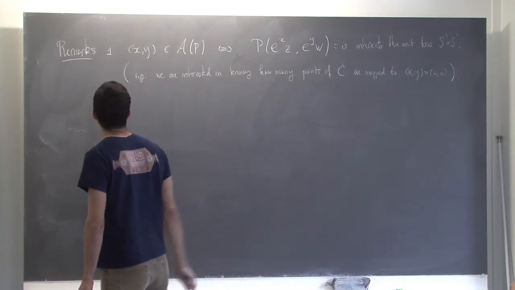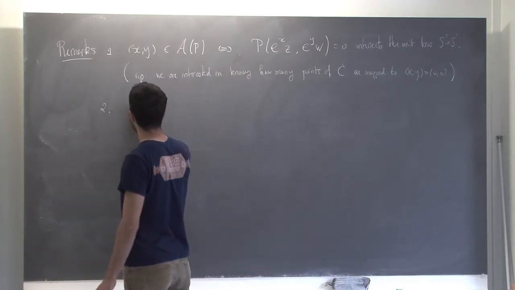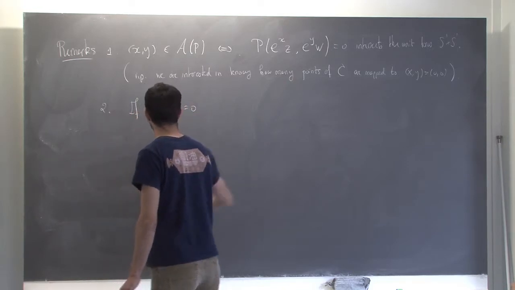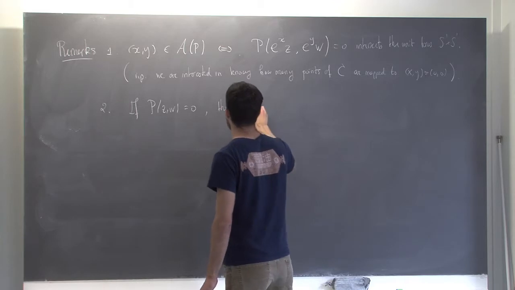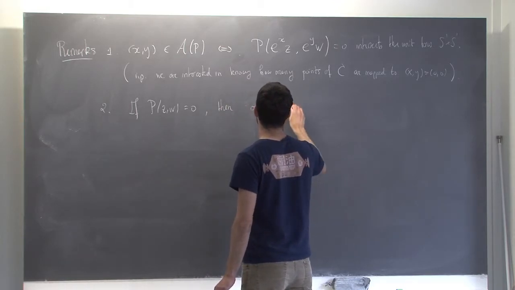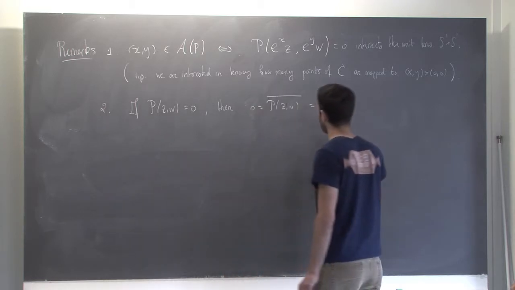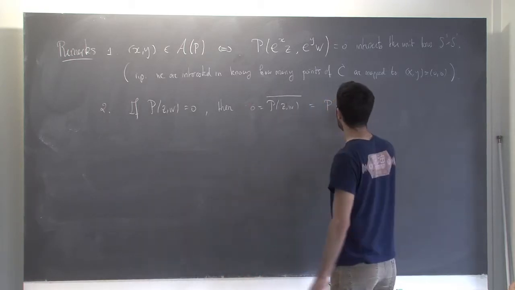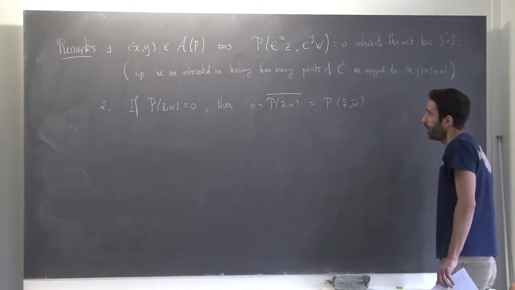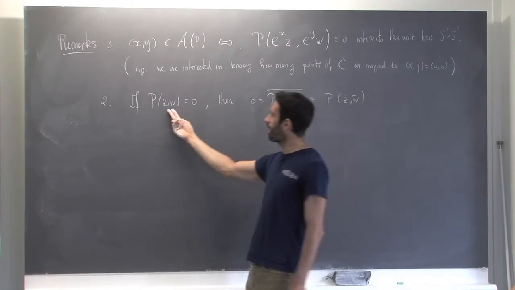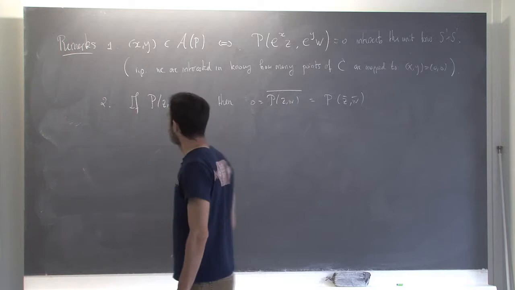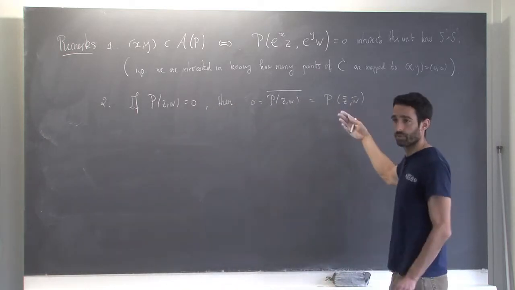Okay. Second remark, note that if P(z, w) is equal to 0, then 0 is also equal to the conjugate of all of this. Since P has real coefficients, this is P(z bar, w bar). So you see immediately that if you have a point in the complex curve, then its conjugate is also in the complex curve.